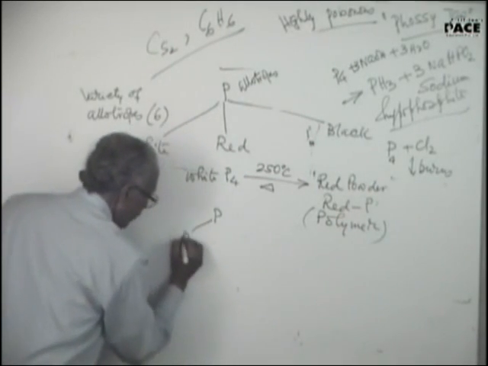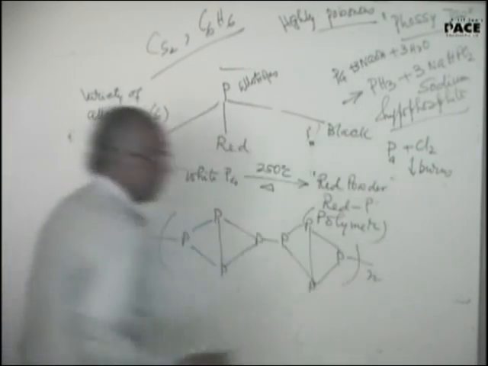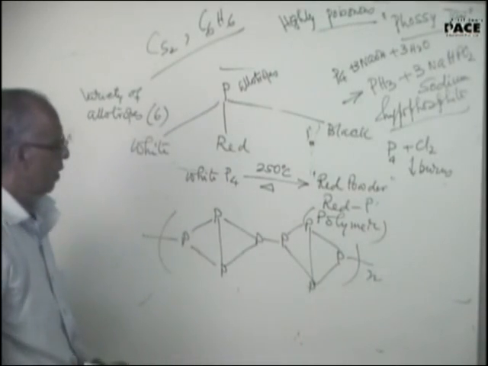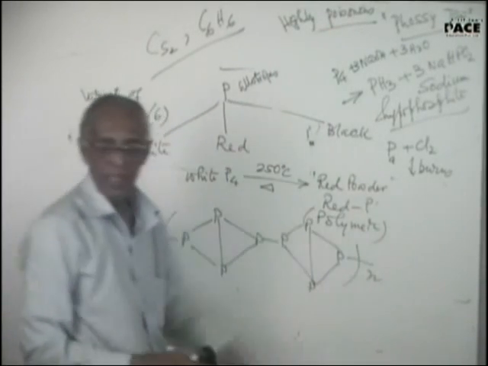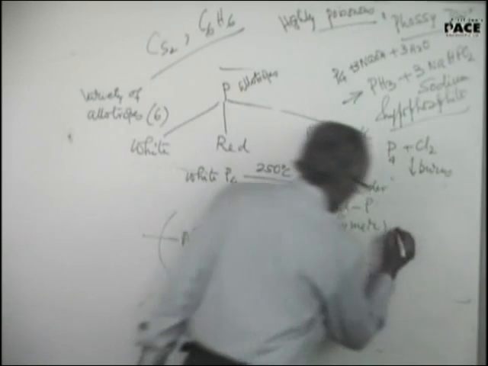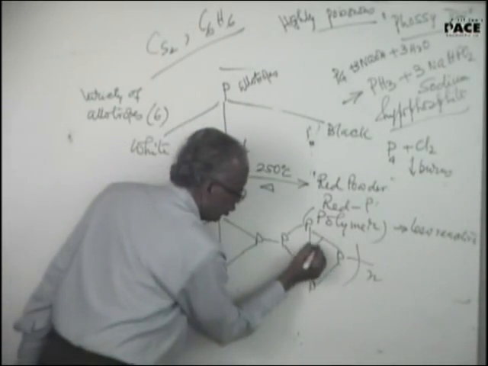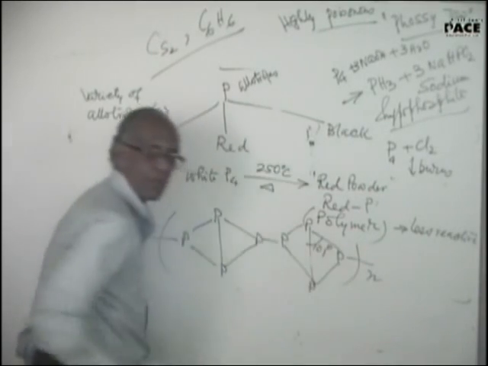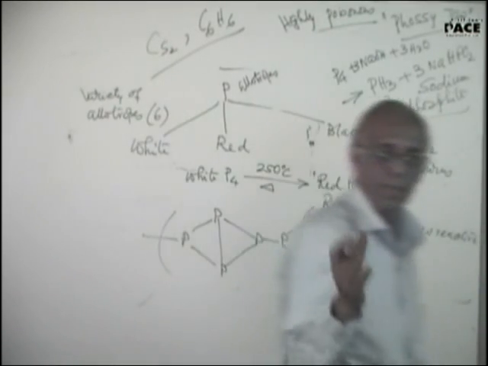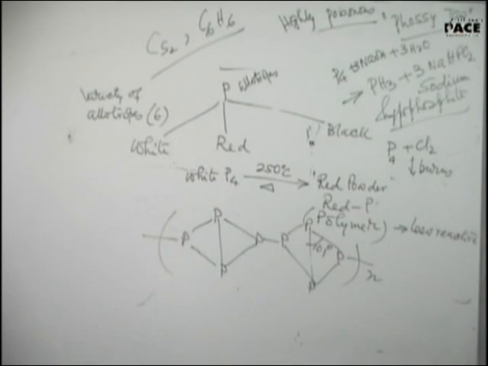So the red phosphorus is a polymer. Because it is a polymer, it is less reactive. And the angle is now increased to 101 degrees, so the acute angular strain has been relieved.